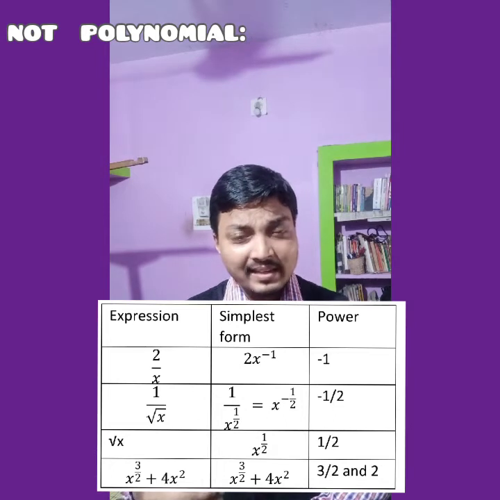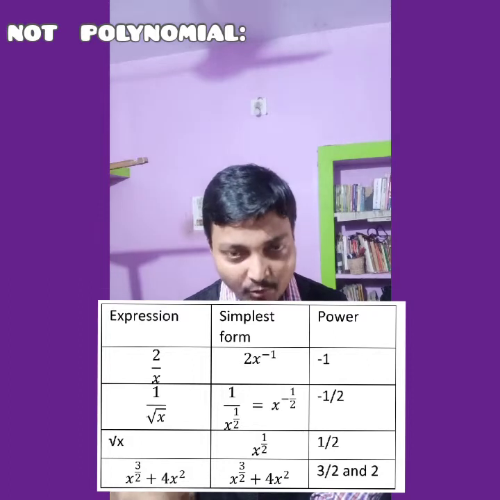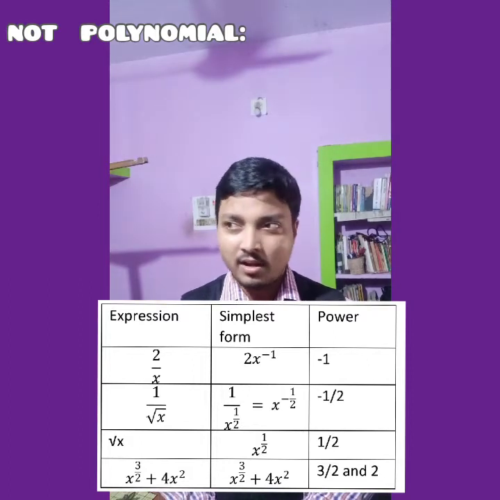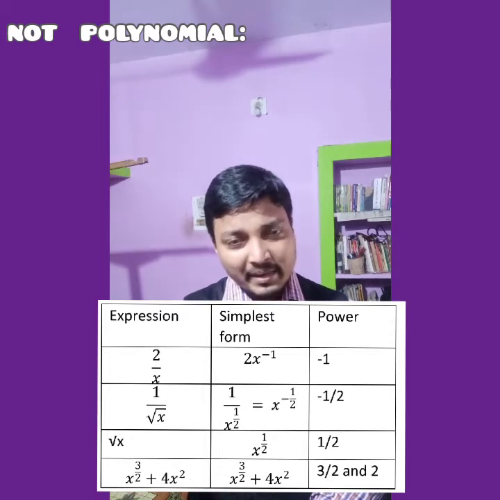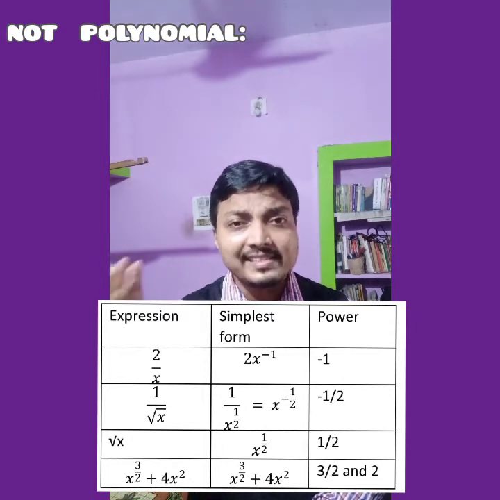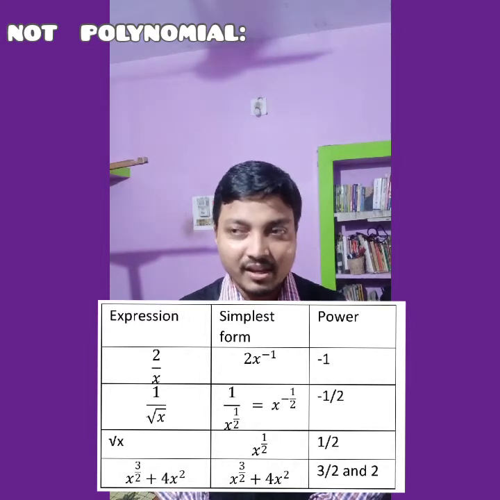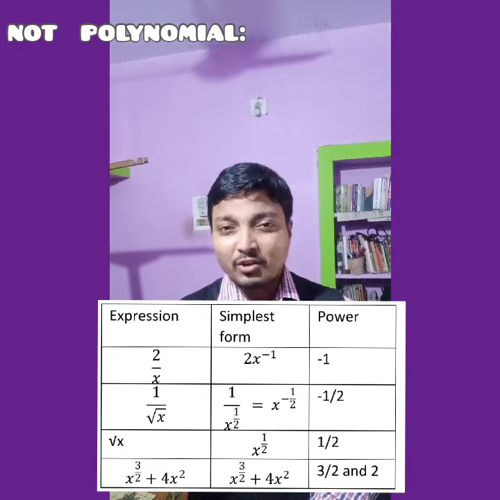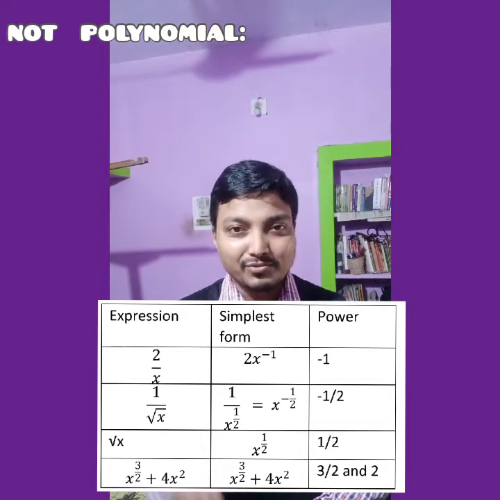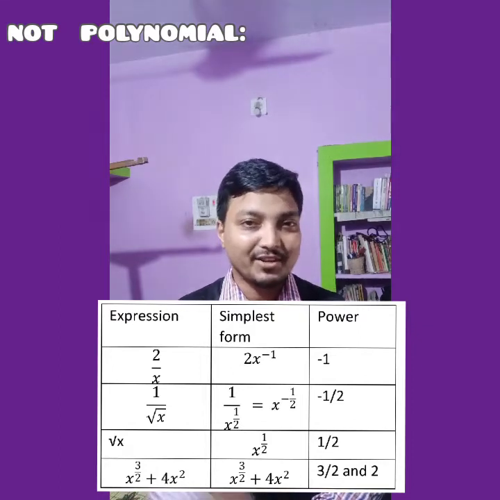And our rule is, if the denominator has the variable, we convert it into the numerator, which means the sign of the power will change. So it becomes 1 into x to the power minus 1 by 2. Previously it was plus 1 by 2 in the denominator, but in the numerator it becomes x to the power minus 1 by 2. As minus 1 by 2 is not a whole number, 1 divided by root over x is not a polynomial.